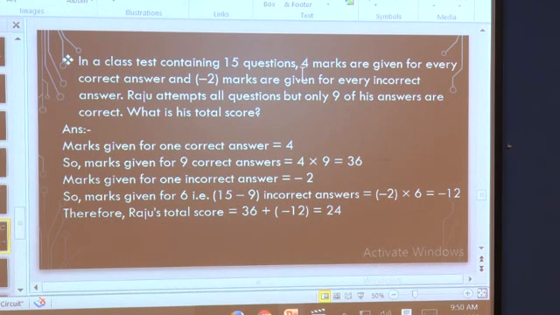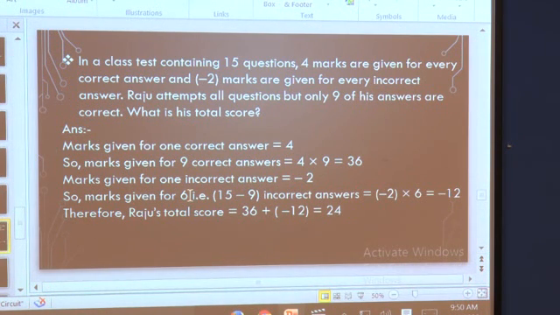Yes, because it is a word problem, we have to write a statement. So marks given for 9 correct answers, because Raju had 9 correct answers, is 4 multiplied by 9 equal to 36. So Raju got 36 marks by getting 9 correct answers.